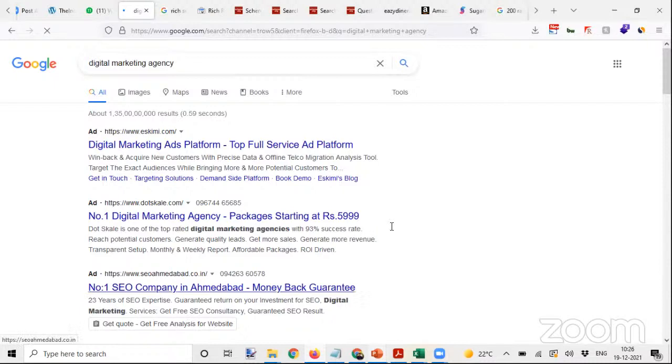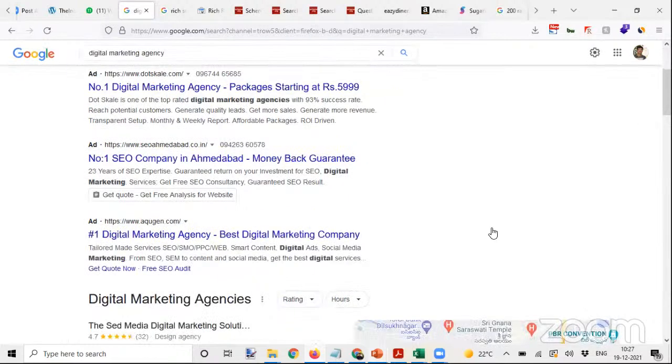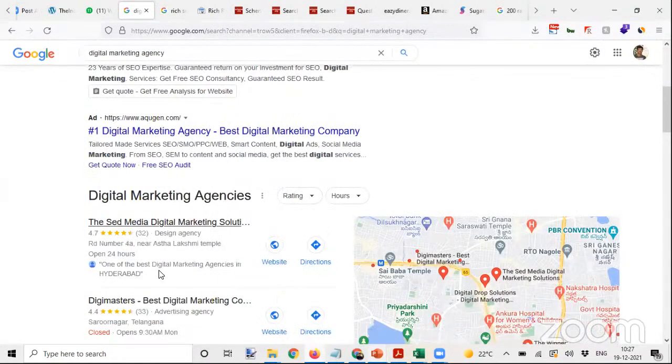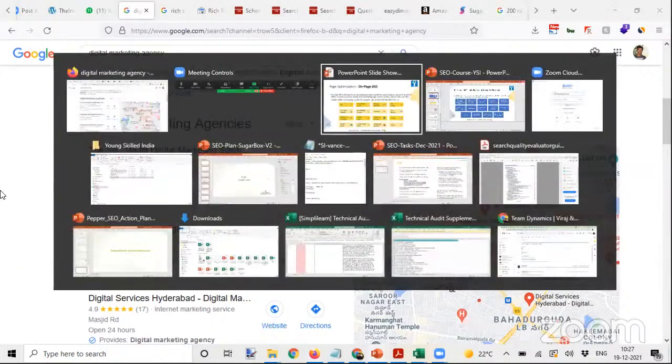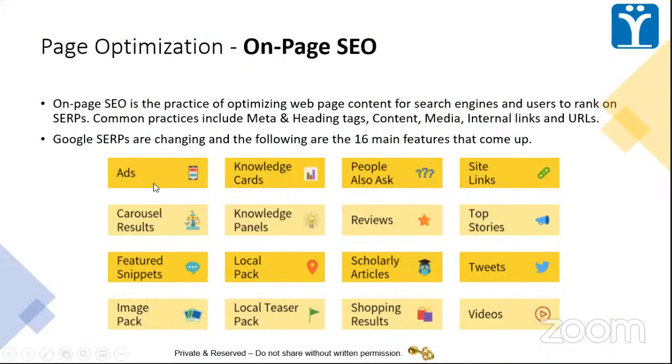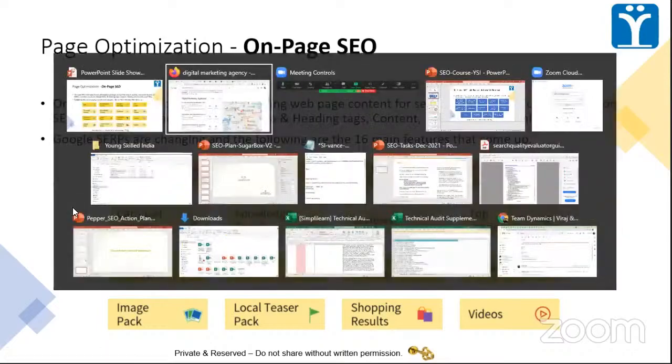Do you see this, right? Yes, sir. It is saying as ad. Okay. And then this is the local list. Okay. Local pack. Ads, right? Local pack. Okay. Yes, sir.